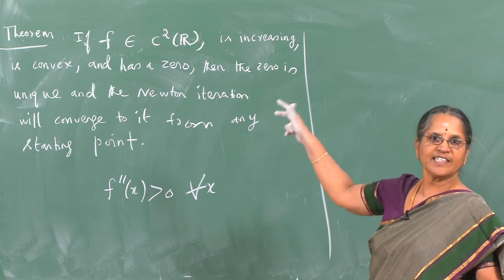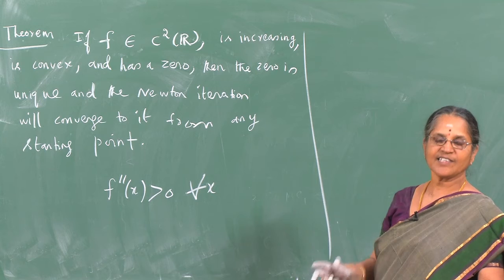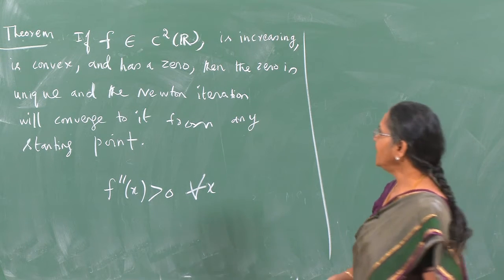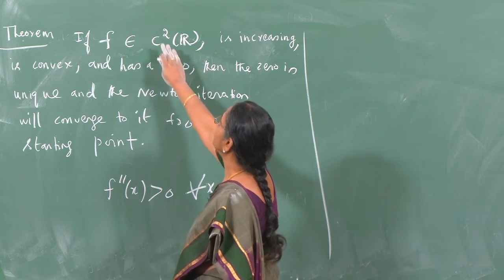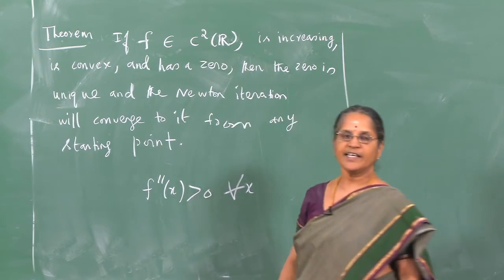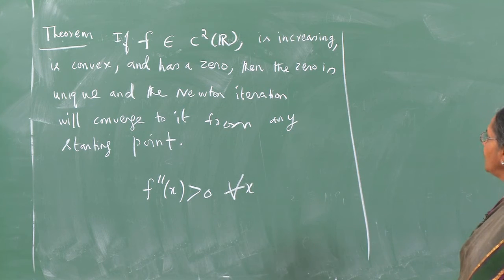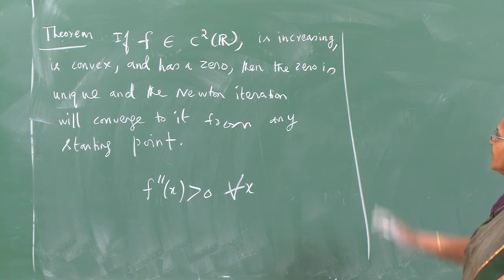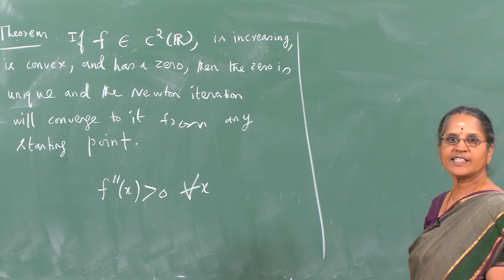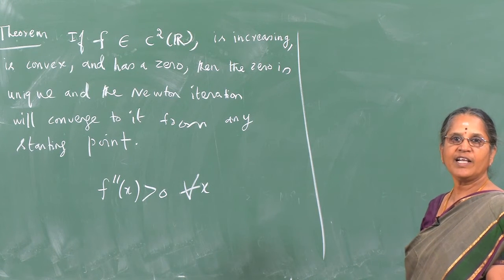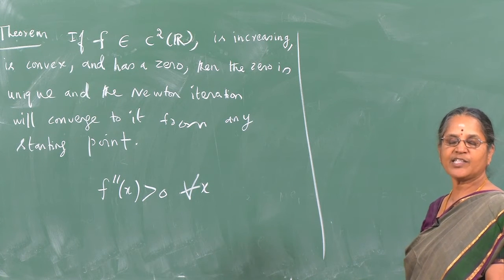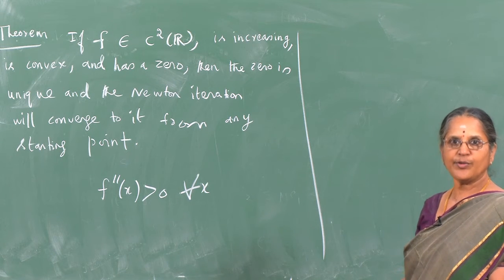The theorem says if the function f satisfies the following conditions, namely f is in C2 of R, it is increasing, it is a convex function and it has a 0, and the 0 is then unique, and Newton's iteration method will generate successive iterates which will converge to this unique 0.